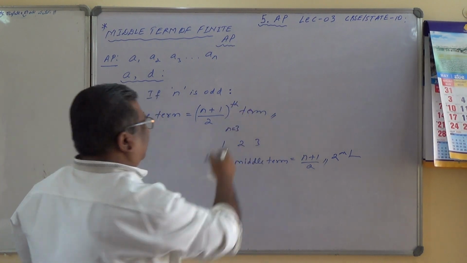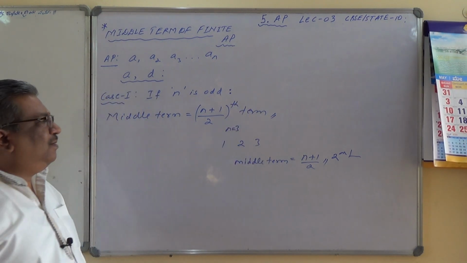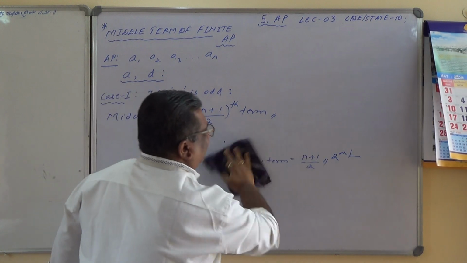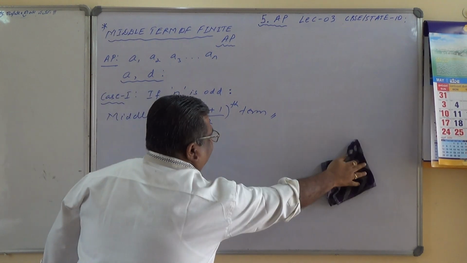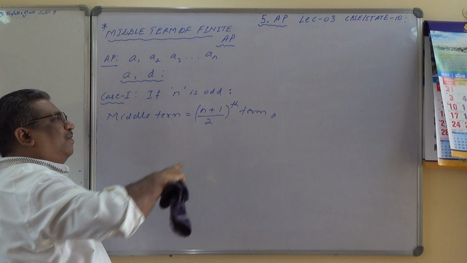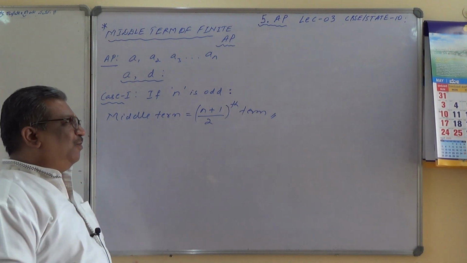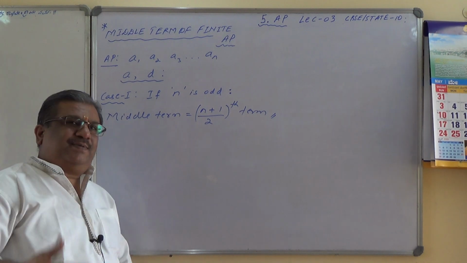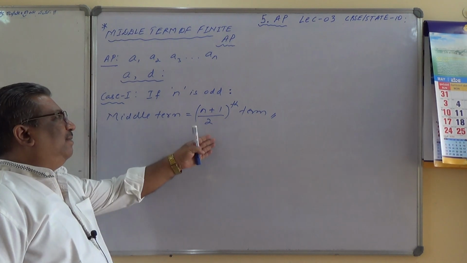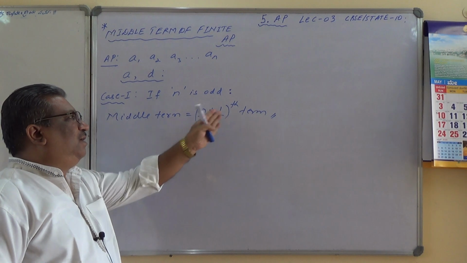It is important here, okay? N plus 1 by 2th term. It is not the value of the middle term, it is n plus 1 by 2th term. It is not the value. I hope you understand the difference between the value and first term, second term, third term, fourth term. So middle term is n plus 1 by 2th term.